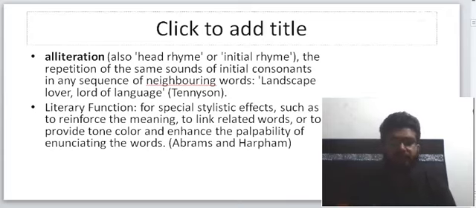So, how the words are spoken, when we use this device, it brings the other person to pay more attention to your line, your sentence, your dialogue.